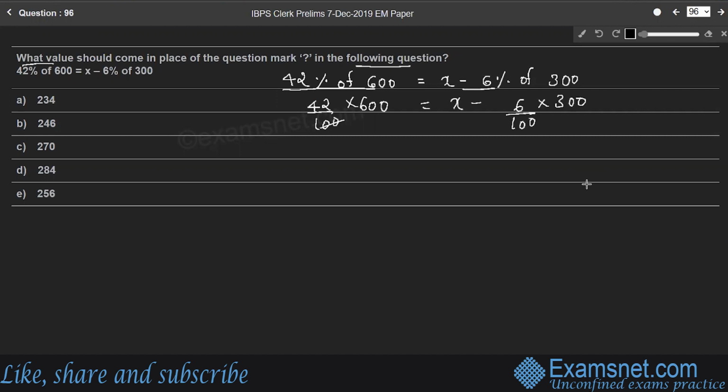So 100 into 6 is 600, 42 into 6 is 252, is equal to x minus 6 into 3, which is 18. Therefore, x is equal to 252 plus 18, which is 270. Therefore, option C is the right answer. Right? In place of x, the answer is 270.